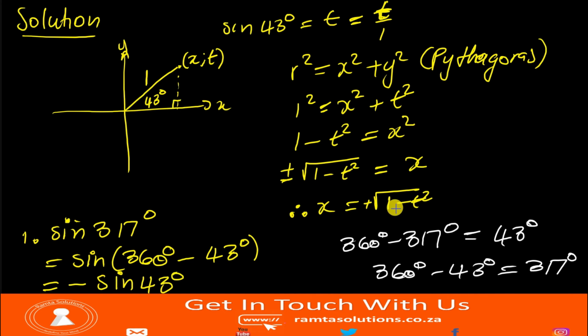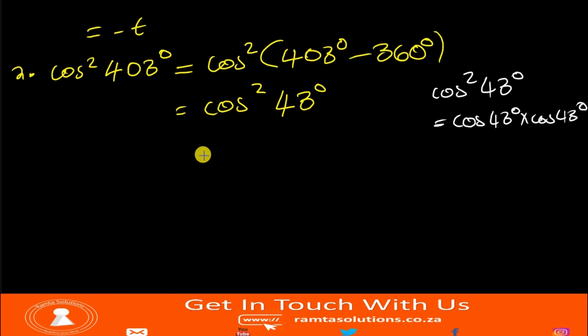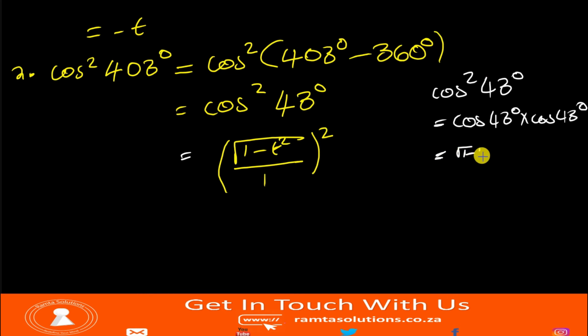It is the square root of 1 minus t squared, all over 1. If you get confused, I'm saying it will be the square root of 1 minus t squared multiplied by the square root of 1 minus t squared.